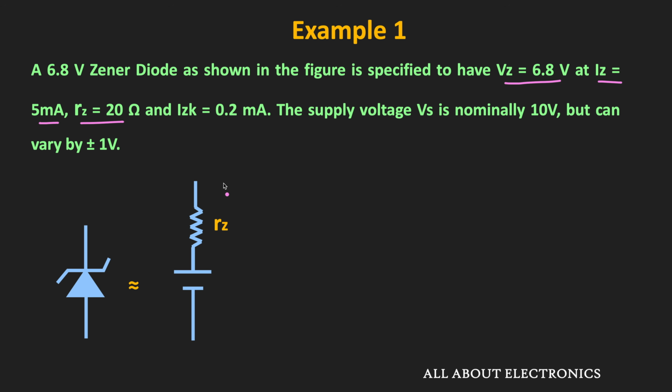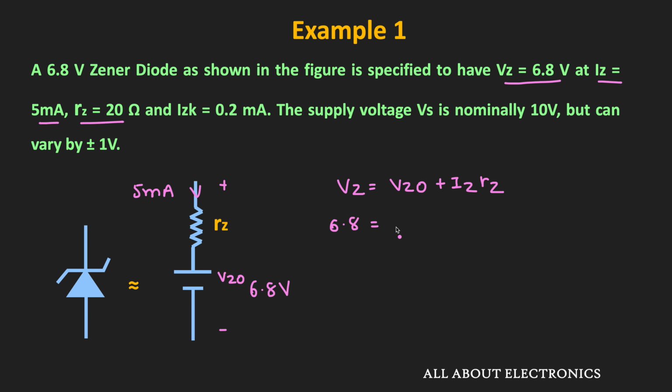So it means that the voltage across the Zener diode is equal to 6.8 volt when the current through the Zener diode is equal to 5 milliampere. So here we can say that this voltage Vz is equal to Vz naught plus Iz times Rz. Here Vz is equal to 6.8 volt when Iz is equal to 5 milliampere.